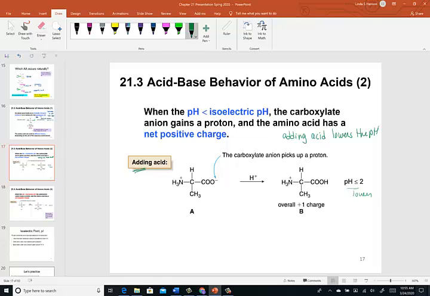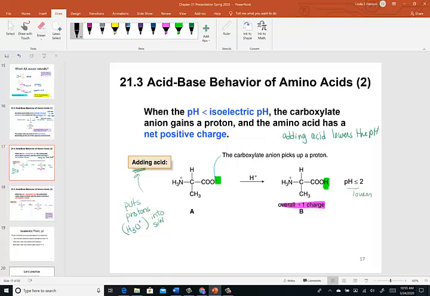What happens to the structure? Well, adding acid puts protons into the solution, protonated water molecules, right? And so instead of having this negative ion on the acid, it becomes neutralized by placing a proton on it. And no longer do we have a zwitterion, but we're left with an overall +1 charge.